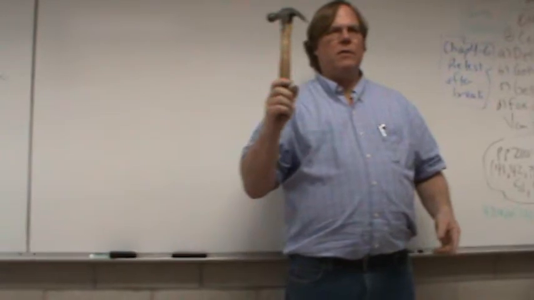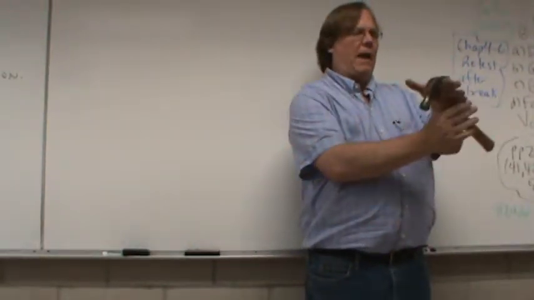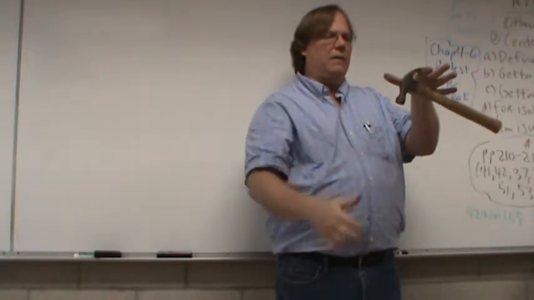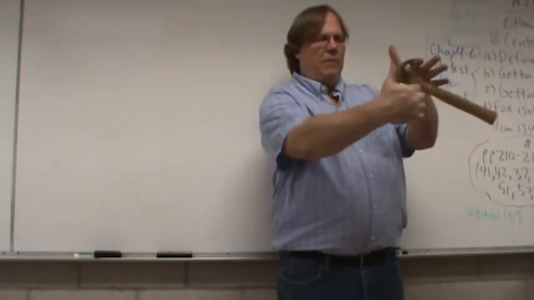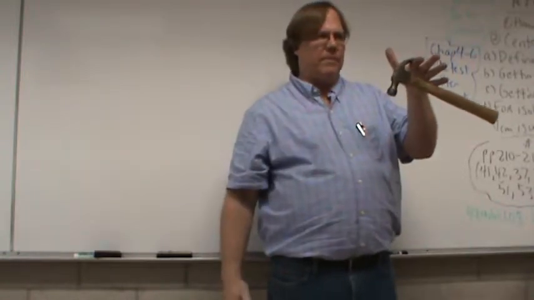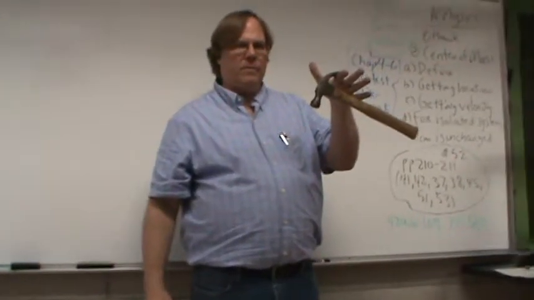And the same sort of thing with my hammer, correct? If I decide to suspend the hammer from my finger like this, do you see how it's now suspended? Then the center of mass will be directly below the point of suspension. You guys okay with that?